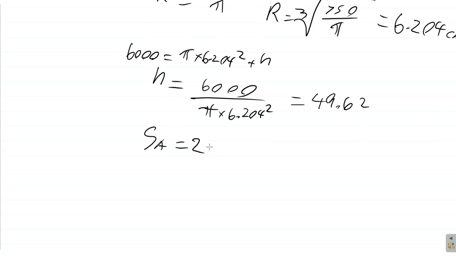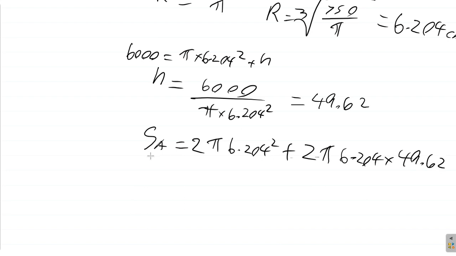So it's 2 pi times 6.204 squared plus 2 pi times 6.204 times 49.62.